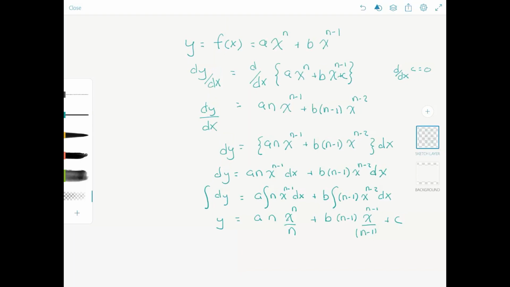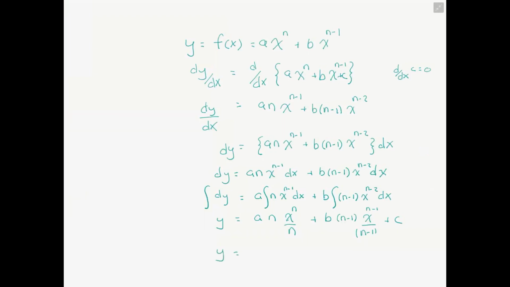And the constant is decided by initial conditions. So right now we're not going to worry about it. It's just a constant. And so we see, whoops, I forgot to choose my pen.